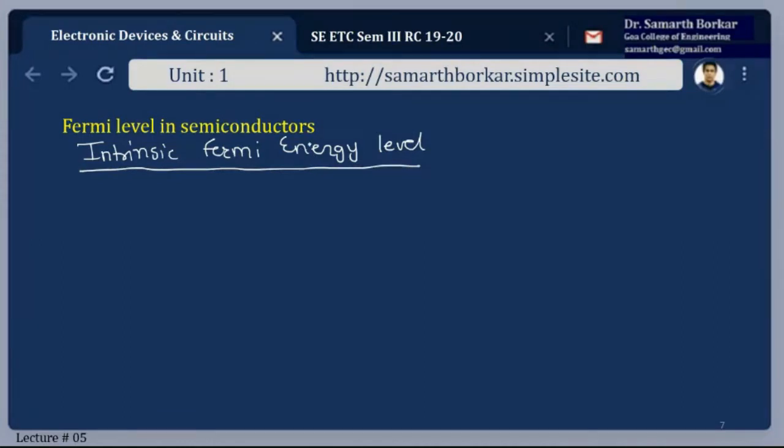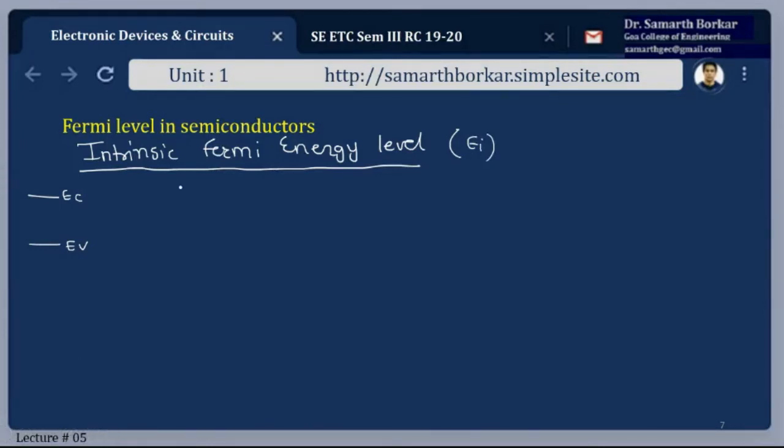Now here we are talking about two references, EC and EV. There is another way of representing this electron concentration and hole concentration in terms of the intrinsic Fermi energy level, EI. Each and every topic has a certain objective.